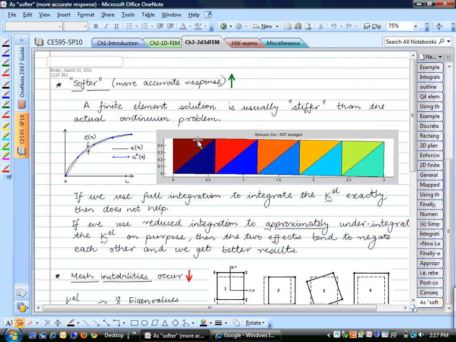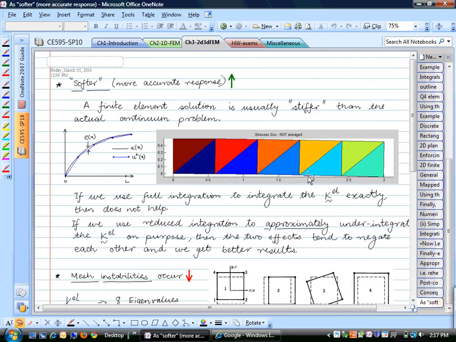In this case, we are saying that we will take parts of our domain and we will assume that our solution varies linearly within that element. So again, we are constraining, we are saying that this element cannot deform in any other way other than linear. And if we say that, then our domain becomes much more stiff.